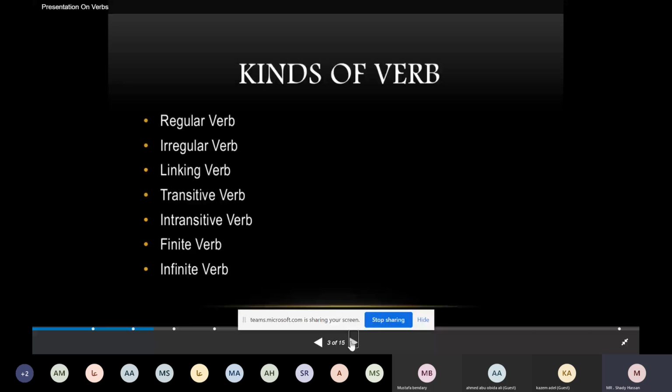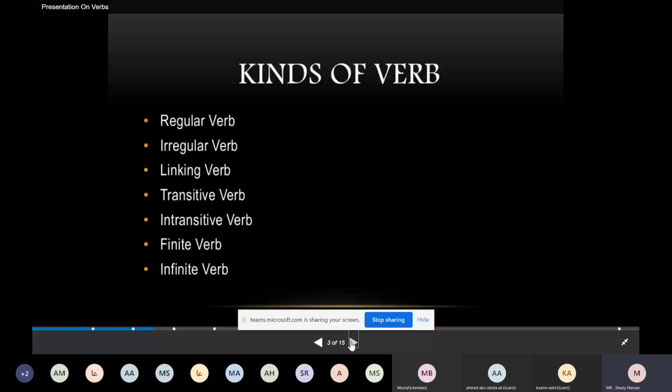Kinds of verbs. You've got the regular verbs. Regular verbs are verbs that have a rule when you are conjugating them. For example, if you want to get the past tense of a verb, you're going to add ed at the end of it. For example, play, played, played.